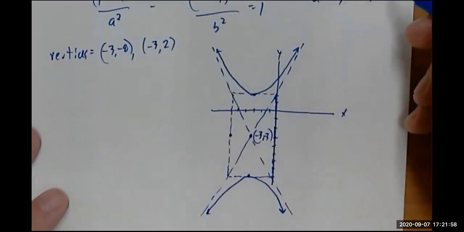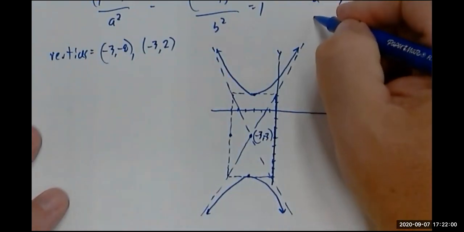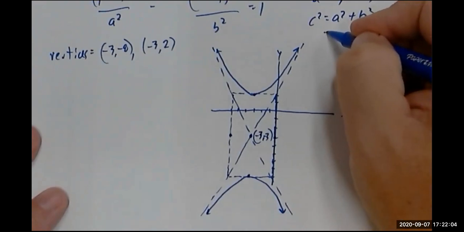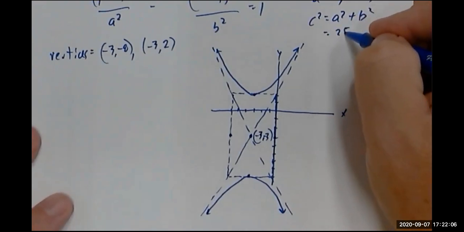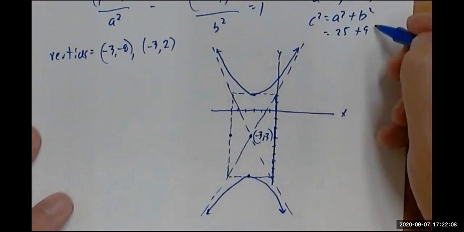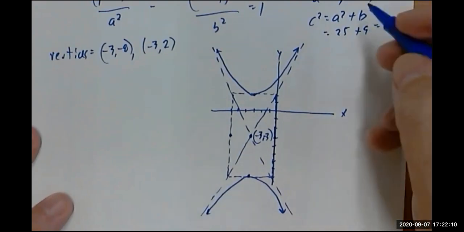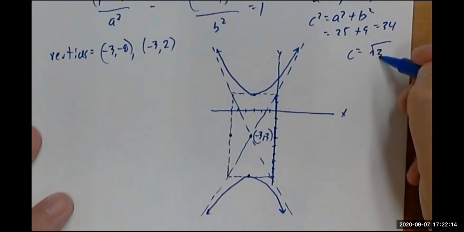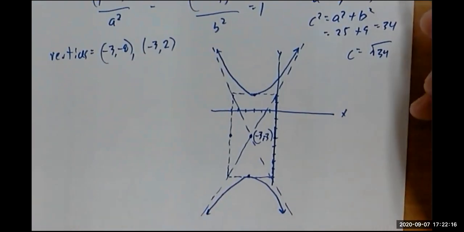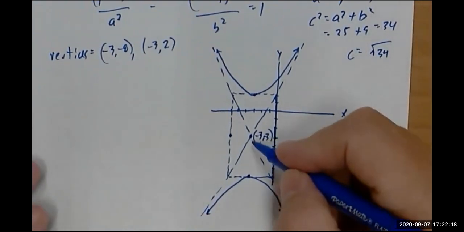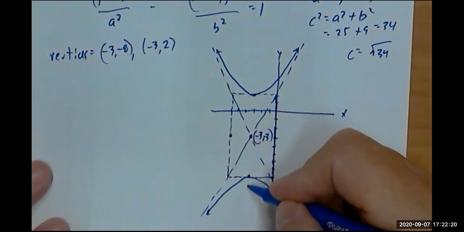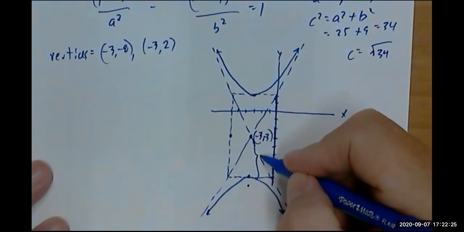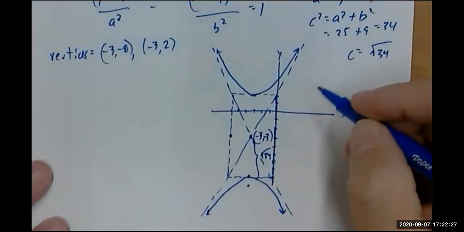Now the foci, my little foci equation, 25 plus 9, it's like 34 again. So now the foci are going to be sort of down in here, and this distance is going to be square root of 34.